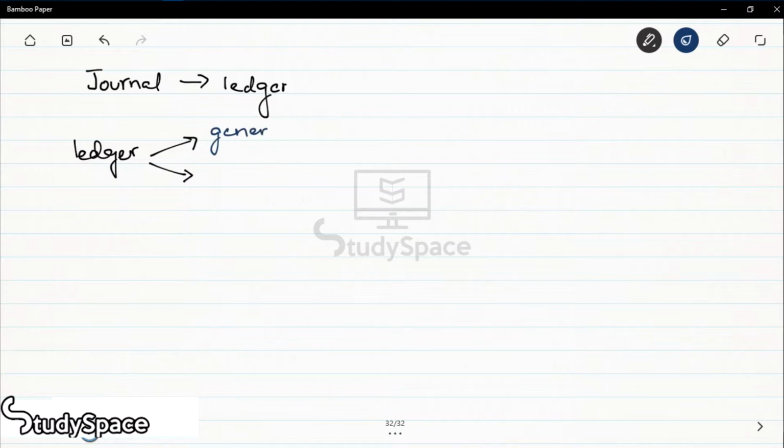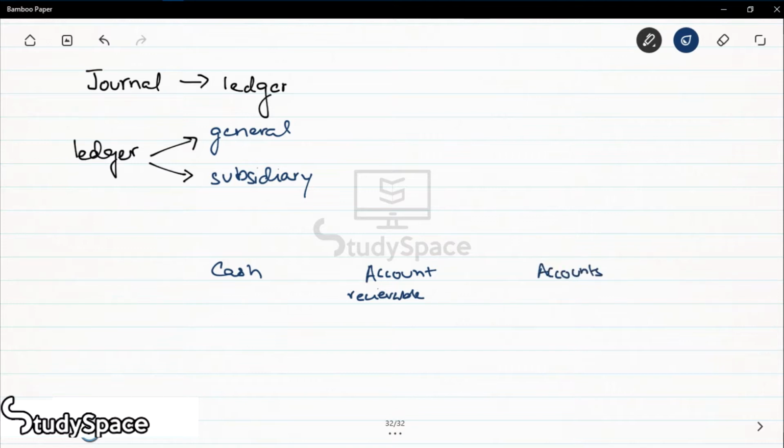So here we have our general ledgers and then we have our subsidiary ledgers. So moving forward from our general ledgers, in our general ledgers we have the categories of cash being a separate ledger, accounts receivable, accounts payable, and owner's capital.